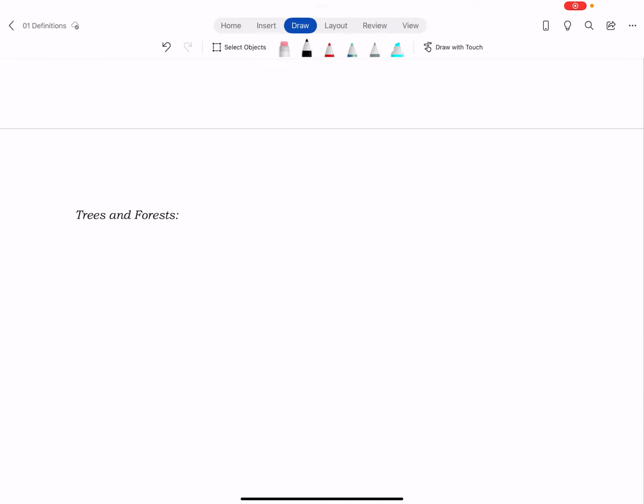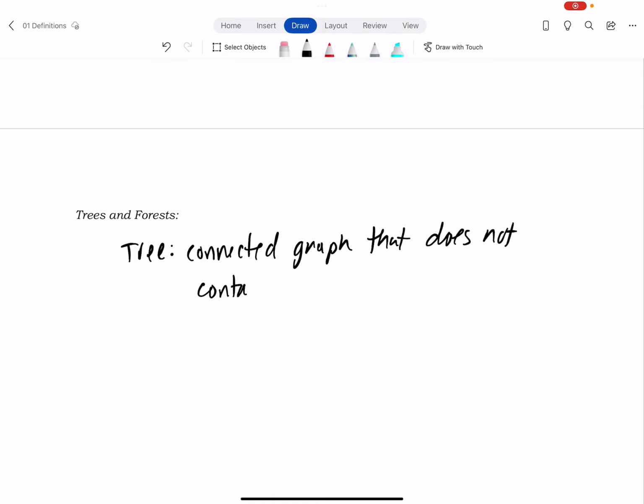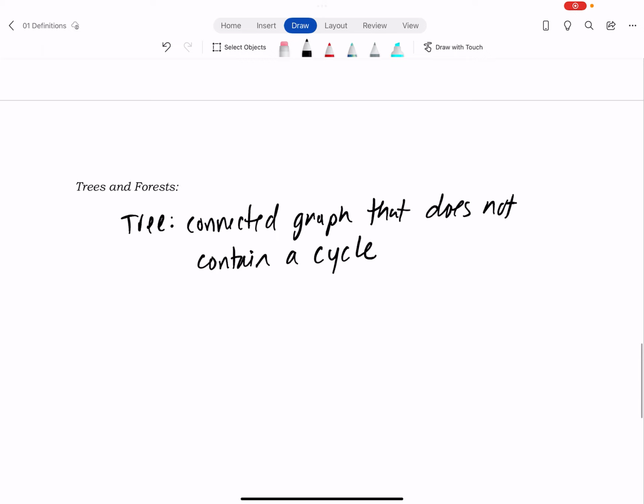Trees and forests. So a tree is a connected graph that does not contain a cycle. So it has to be connected. A forest is a group of disconnected trees.